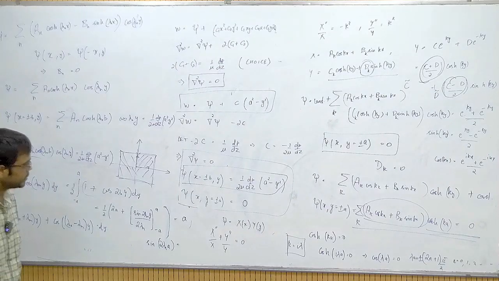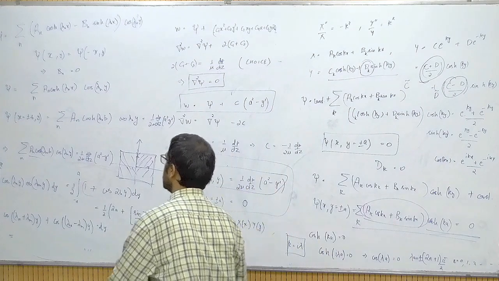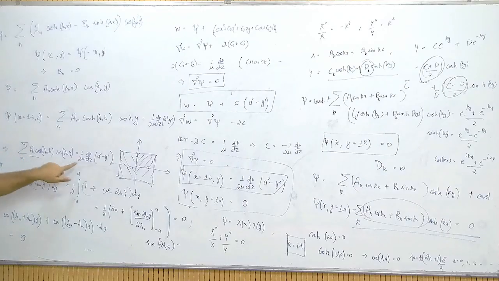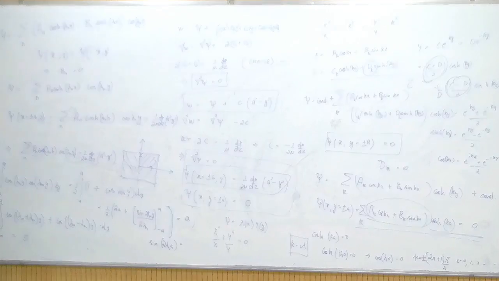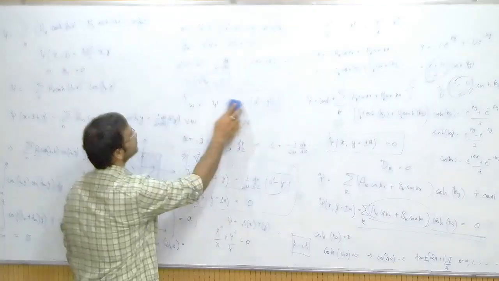Okay. So, this will also be 0. So, from here we obtain that this series can be solved when I multiply on both sides by cos lambda m y and integrate. That is the standard technique for solving coefficients of a Fourier series.